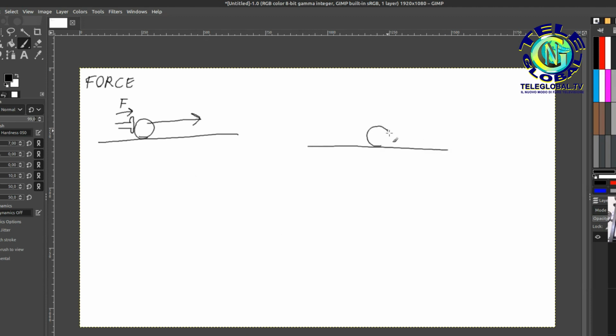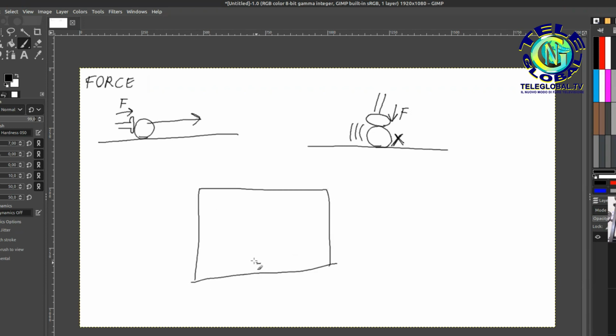Similarly, if you have a moving object and you touch it to stop it, your force causes that object to stop moving. And if you have an object that's moving in some way, you can apply some kind of force to make it move in some other way.